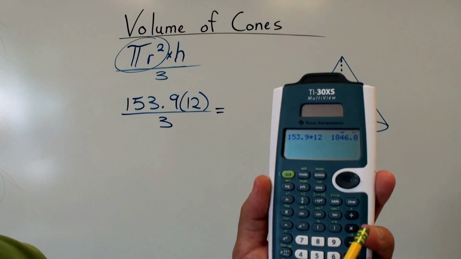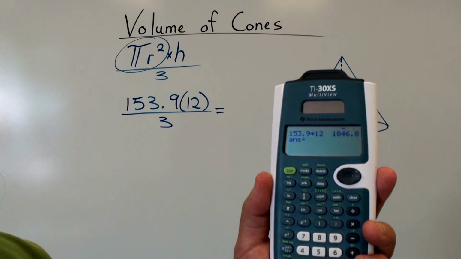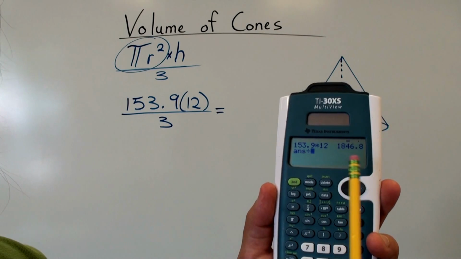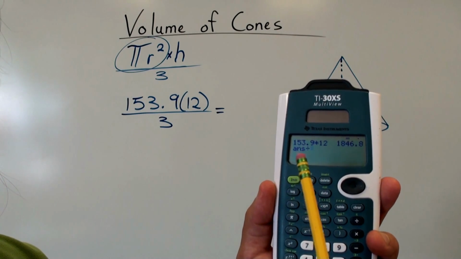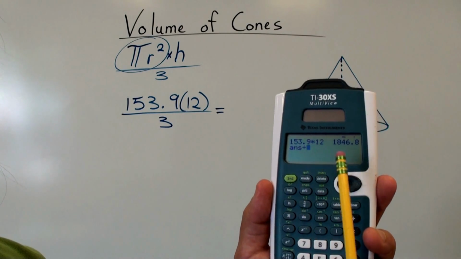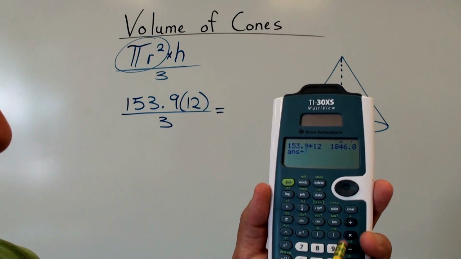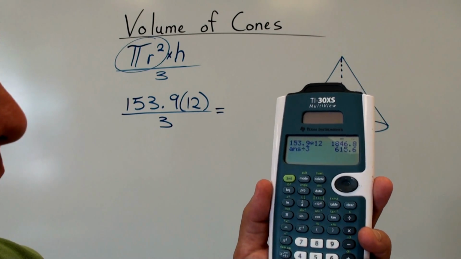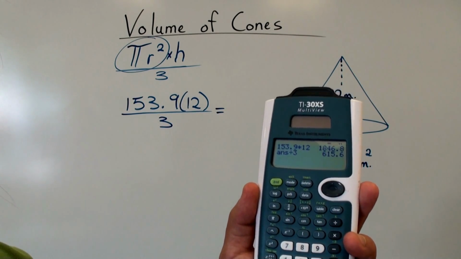Now I'm just going to hit divided by, and that puts ANS, which just means my previous answer, this divided by 3, and that's equal to 615.6.